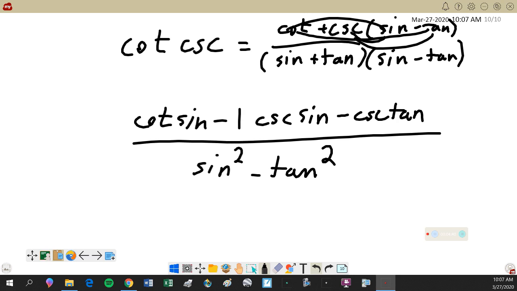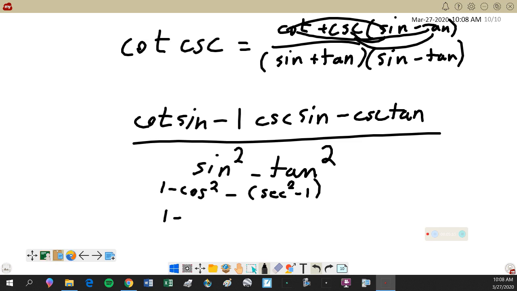All right. Is this what we want to do? So sine squared is 1 minus cosine squared. And tangent squared is secant squared minus 1.